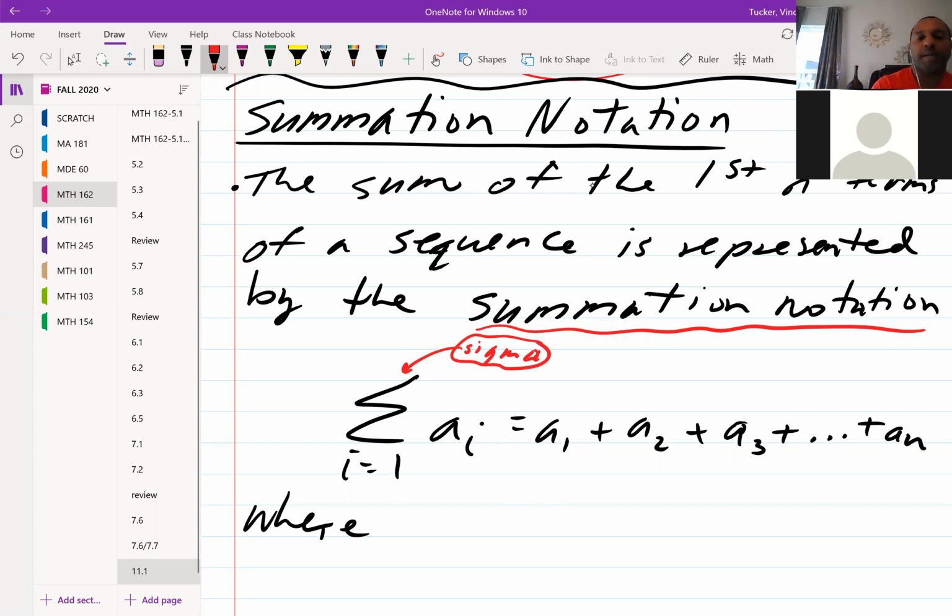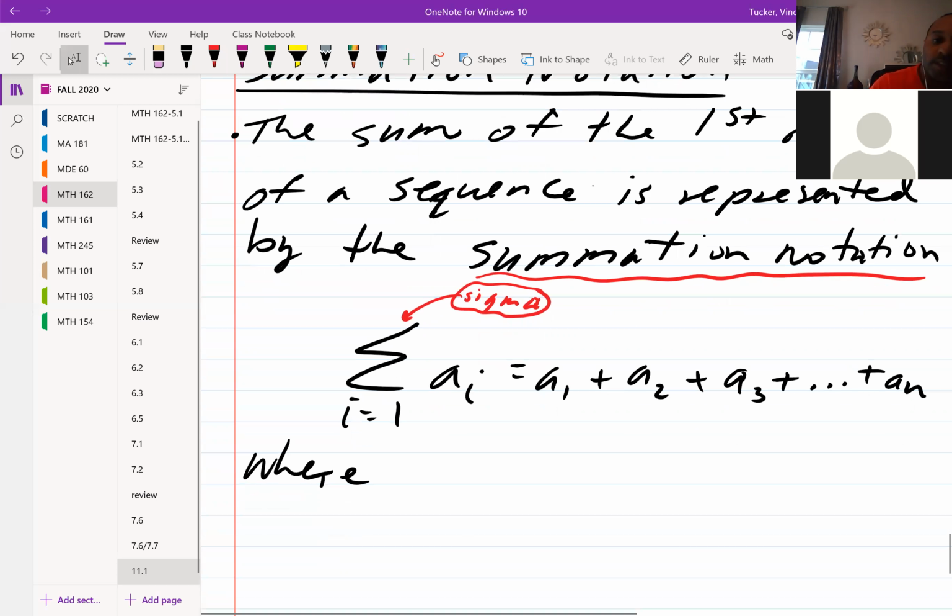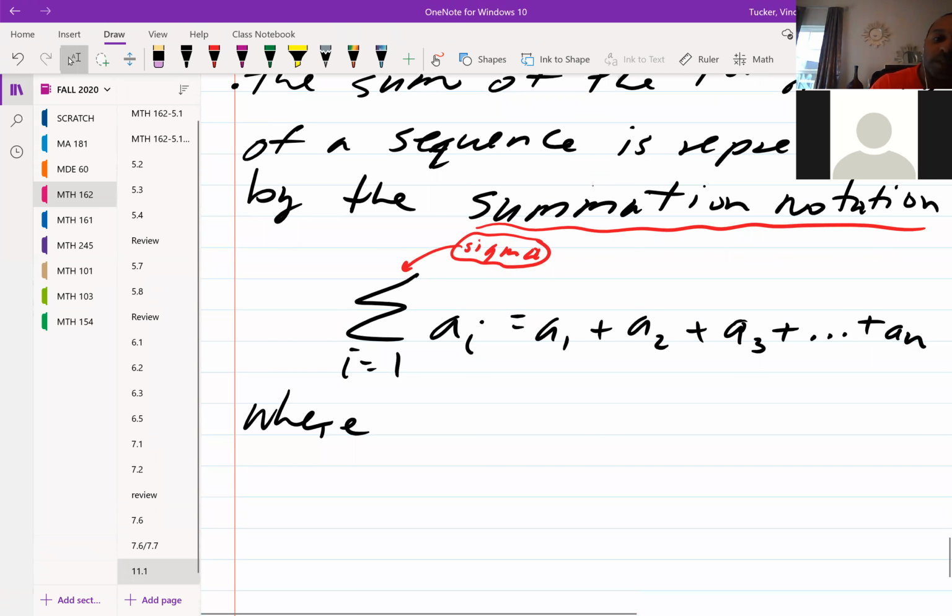And then we have a sub i, and i would be equal to 1 in this case. You can start it wherever you like as far as your summation is concerned. And you would just plug in the values the same way we did our sequences. It's just that now with the summation, we're going to add those terms together versus just having our terms listed. And so that sigma lets us know we want to add our terms together.